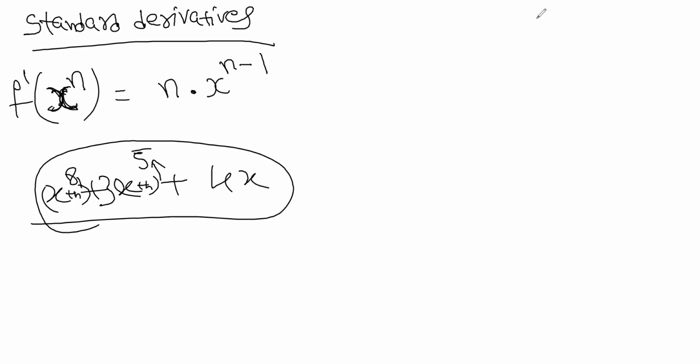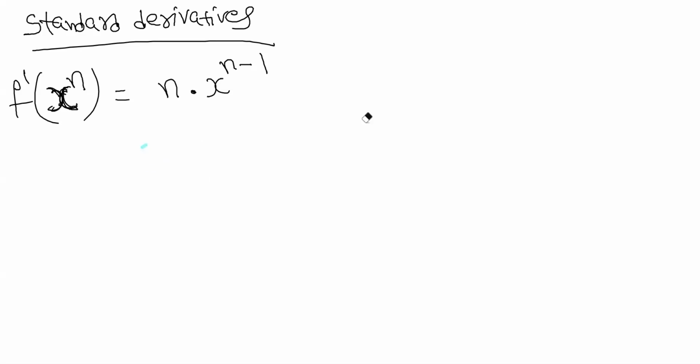So that's why you have the direct simple formula: differentiation of x to the power n always comes as n into x to the power n minus 1. Now the differentiation of a constant is 0.